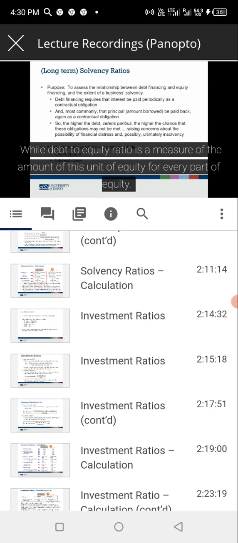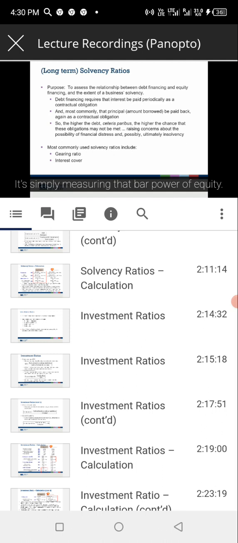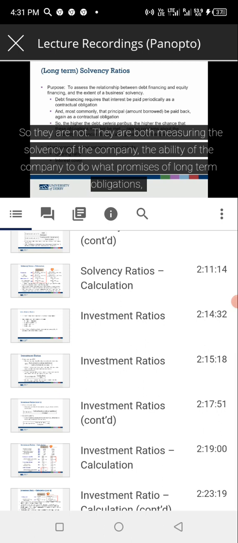For every pound of equity, how much is the company owing? That is what the debt to equity ratio is measuring: simply debt per pound of equity. So they are both measuring the solvency of the company, the ability of the company to do what?